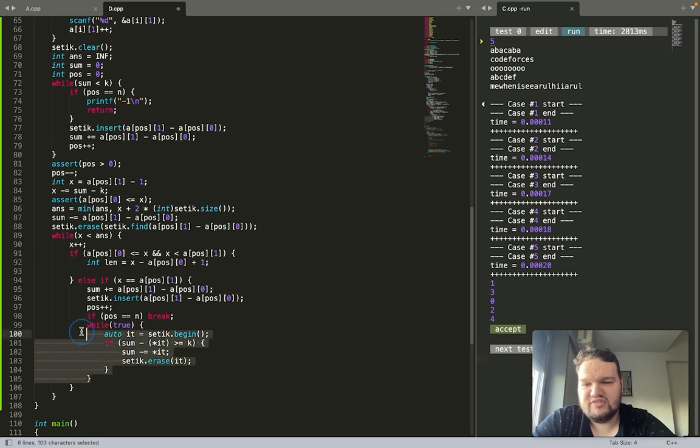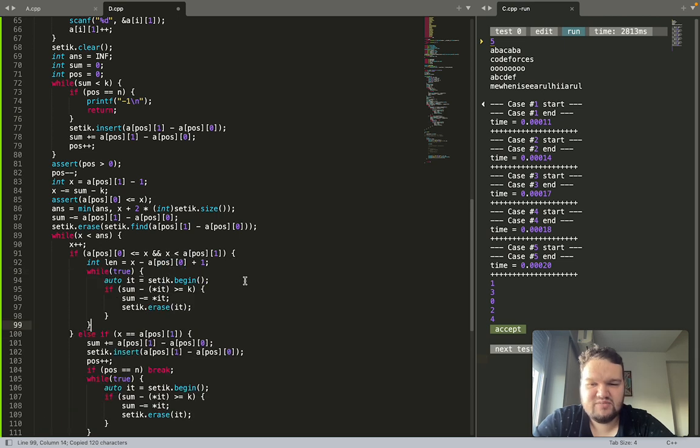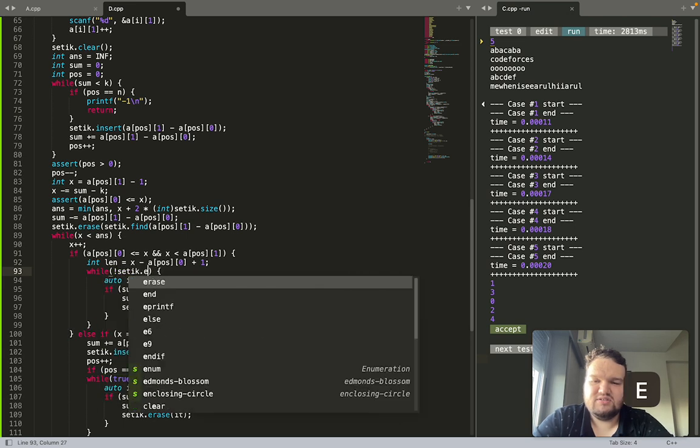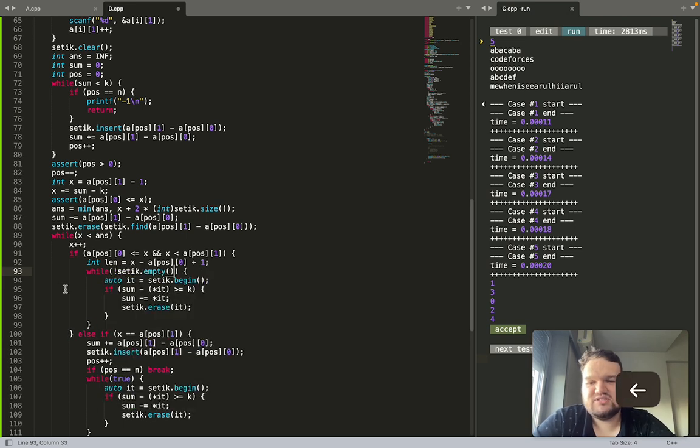To do that, I will again try to remove useless segments, but here I can do it only if, okay, let's say the set is not empty, because I will take sum plus len.